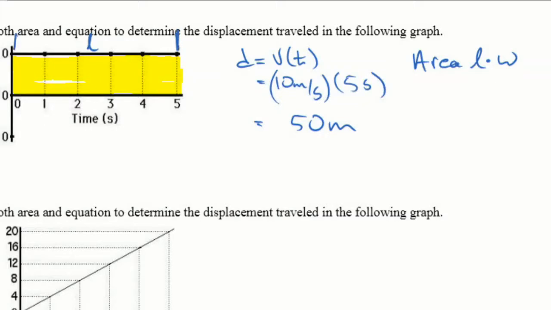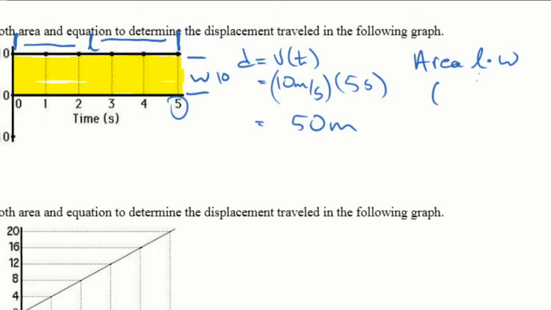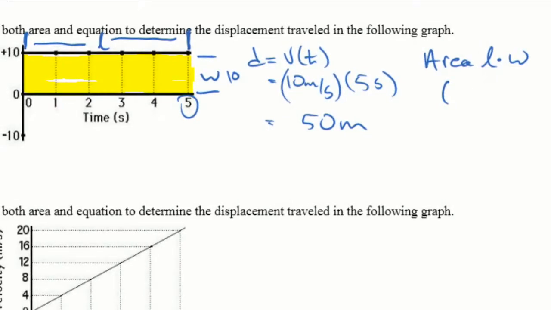From this to this, the length is 5, and the width is going to be 10. So if I take my length, including units, it's going to be 5 seconds. My width is 10 meters per second. Length times width is 50 meters.